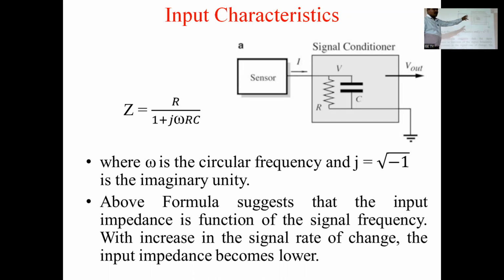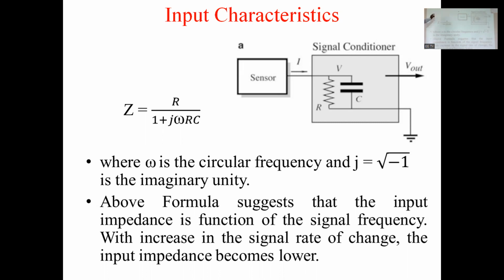So we got the output of the signal conditioner again as voltage. Here omega is nothing but circular frequency and j is equal to the square root of -1. You people already know this value is the imaginary unit. So the above formula suggests that the input impedance is a function of signal frequency.